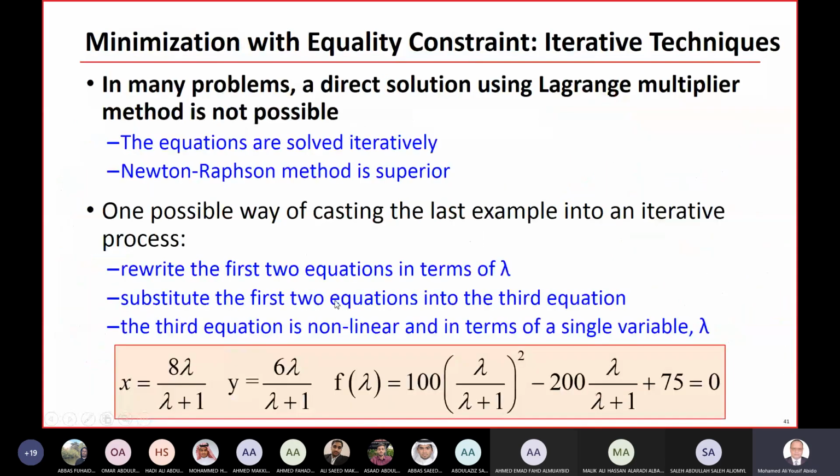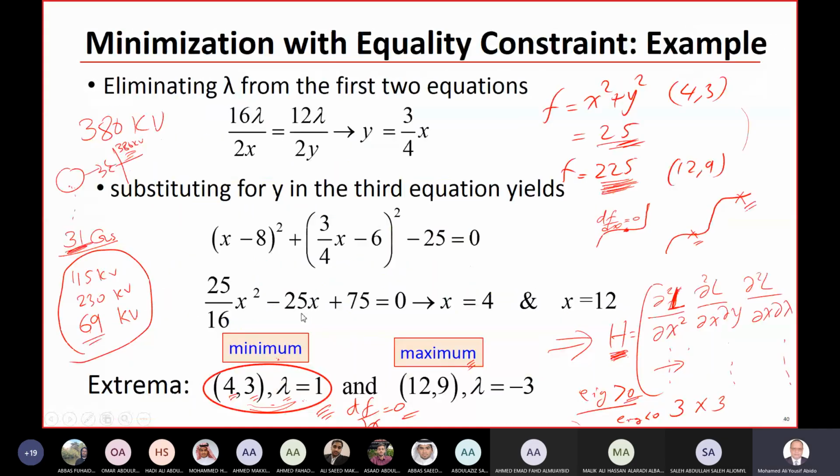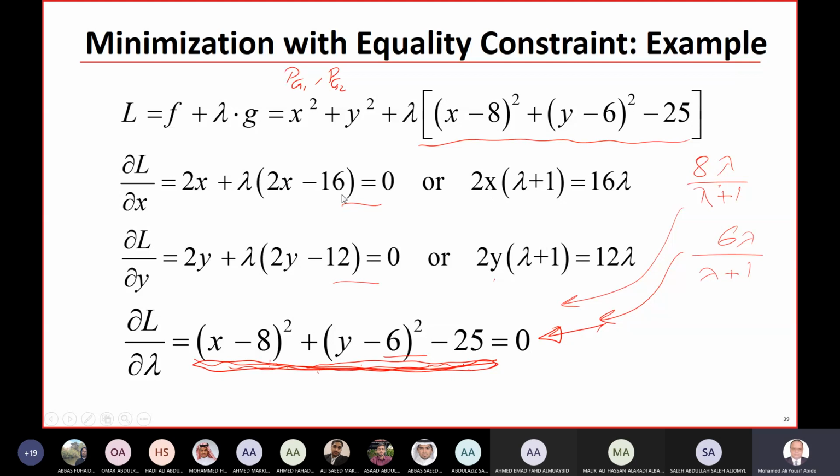Okay, so of course you can. These equations, as you can see here, are somehow simple equations.